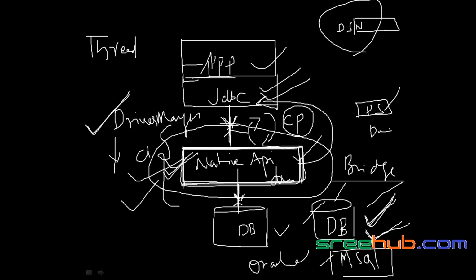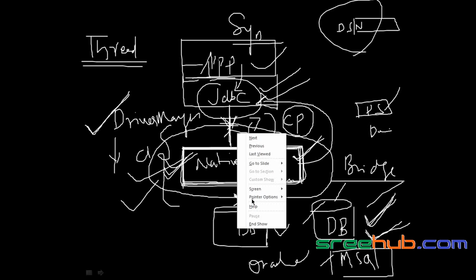If you have a common class used by multiple threads, then obviously make the complete method a synchronized method, because this driver type is not a thread safe driver. So that is your type 2 driver, which is your native API or partial Java driver.